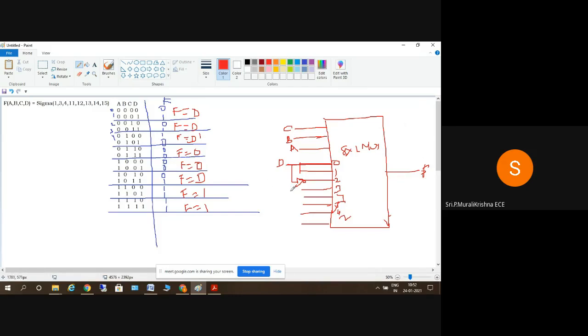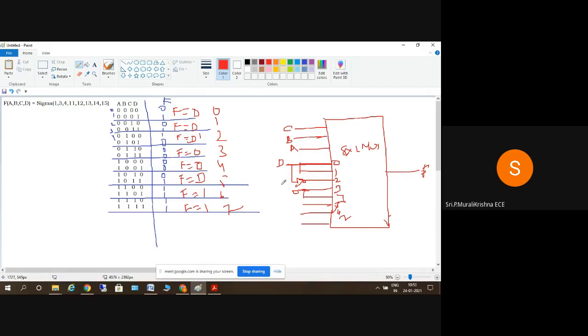So the next one is 0, and this is also equal to 0. The fourth input is also equal to 0. So these two are equal to zeros, the third and fourth.